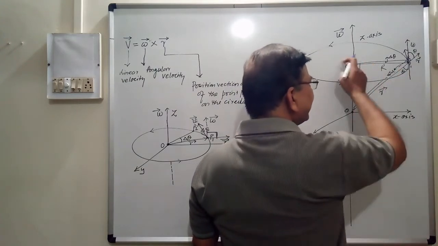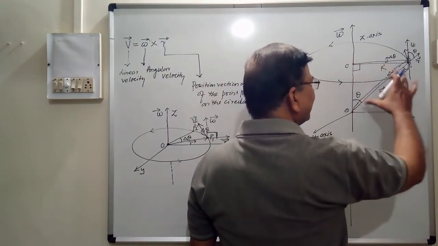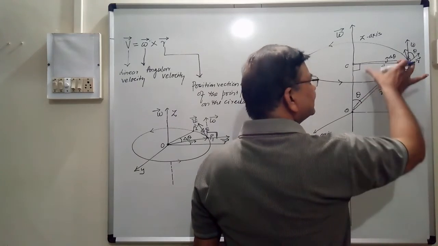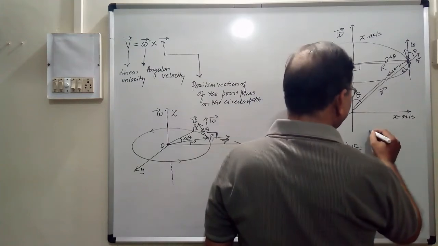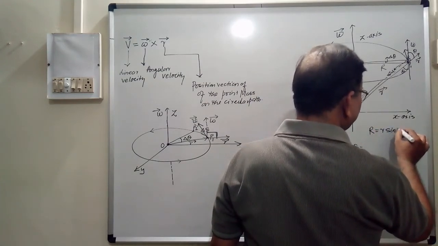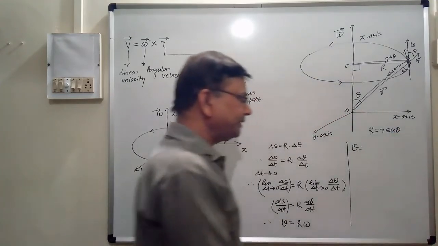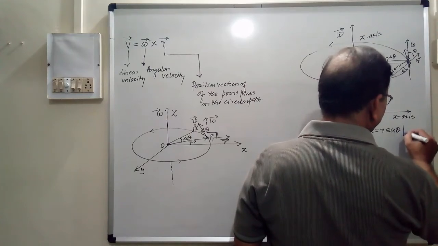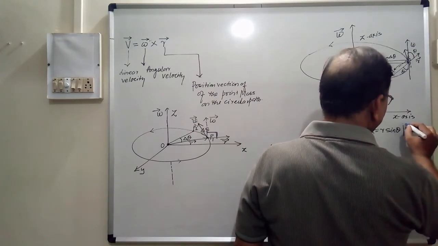So in this right angle triangle, capital R will be the magnitude of small r vector times sine theta. Here we will get capital R is equal to r sine theta, right? So here the r vector mod is equal to r.